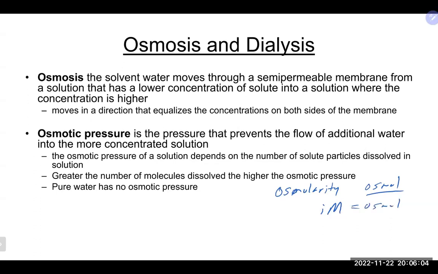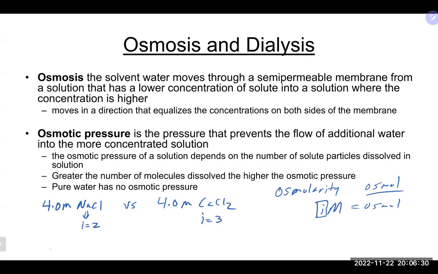So, for example, if you had a 4 molar sodium chloride solution versus a 4 molar calcium chloride solution, i here is our van't Hoff factor, like we just saw and talked about. We already know from our calculations that i would equal 2 for sodium chloride and 3 for calcium chloride.